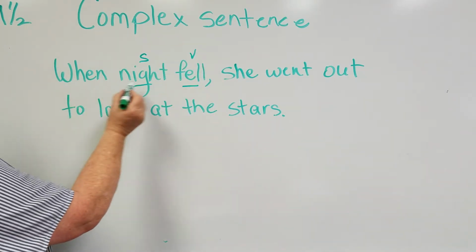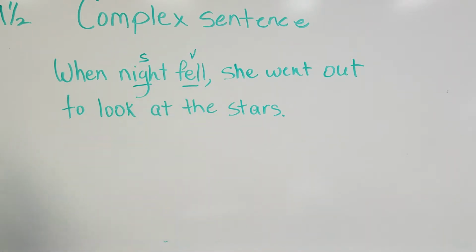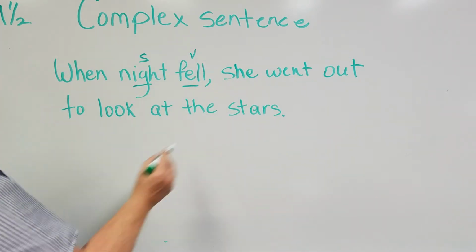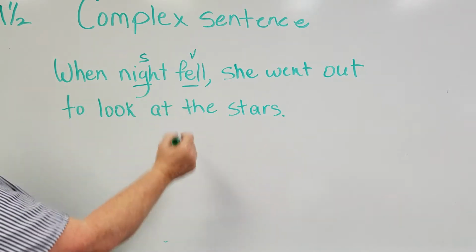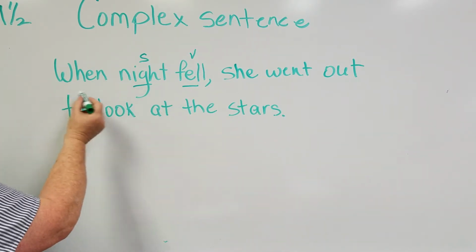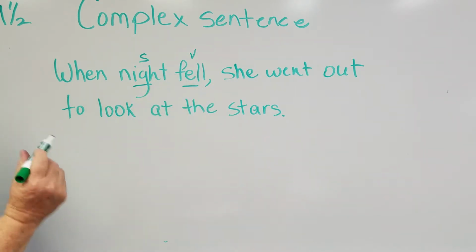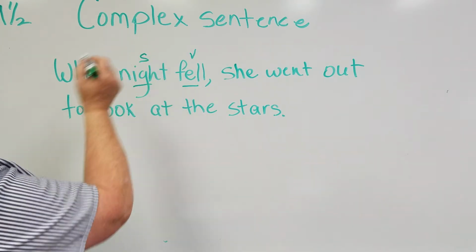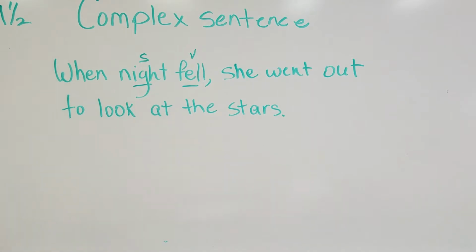But does it have a complete thought? When night fell? No, it doesn't. So it's like half of a sentence, when this is a whole sentence. So that makes this a complex sentence. It has one complete clause and then it has a clause that does not complete a thought. So that makes this a complex sentence.